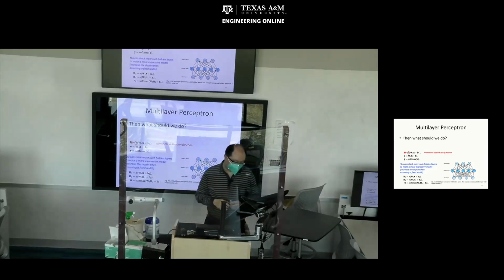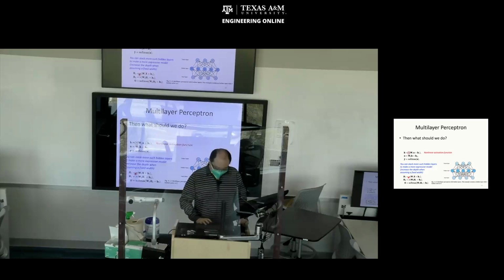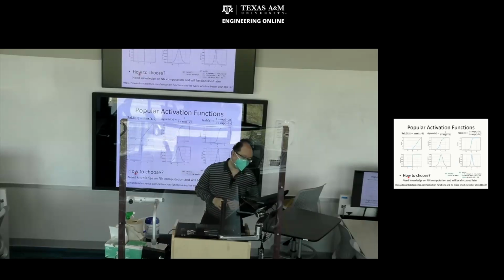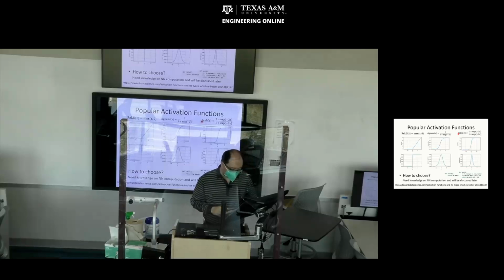So in this case, we have two hidden layers, and each of them is a nonlinear transform of the linear output, called the activation function sigma, okay. And you have a lot of choices for your activation function, right? ReLU, sigmoid, hyperbolic tangent, and so on.